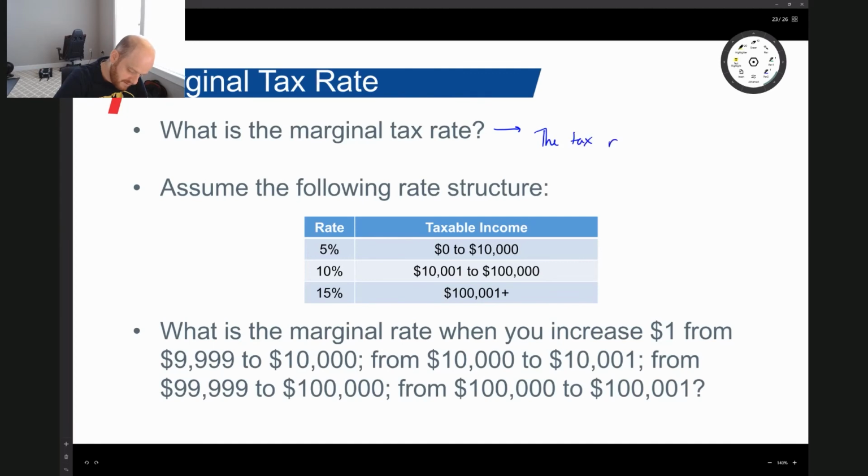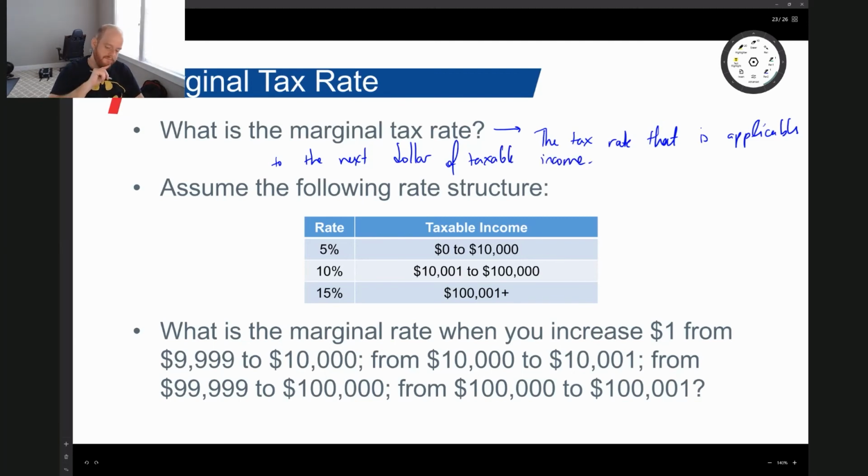the tax rate that is applicable to the next dollar of taxable income. So we are talking about the tax rate that would be applicable to the next dollar of income that you earn.